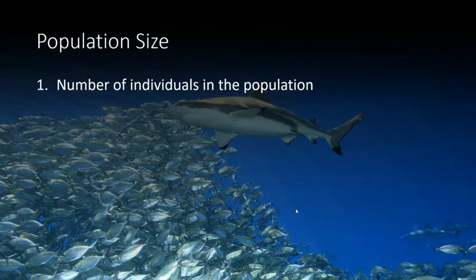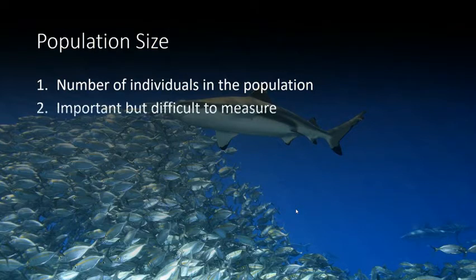So population size is literally the number of individuals in a population. When we're talking about organisms in the wild, it's important to know the number of individuals, but it's difficult to measure. So why do you think that is? I mean, for any number of animals, it can be animals moving into and out of places that you're trying to measure, right?